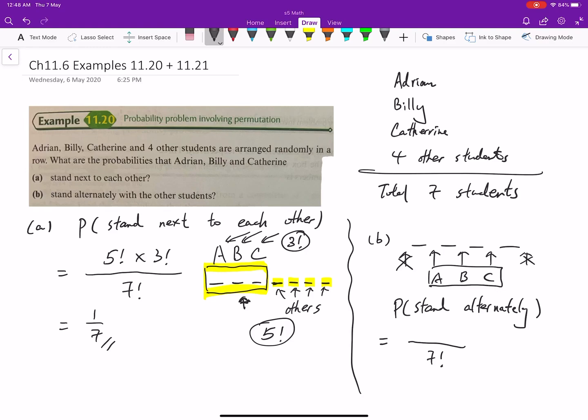Now for these other students, you get 4 factorial, right? And then for ABC, you have 3 factorial. So the numerator is 4 factorial times 3 factorial. And then as a result, you get this answer.